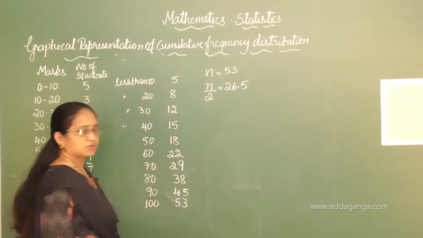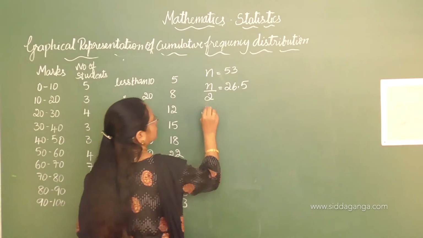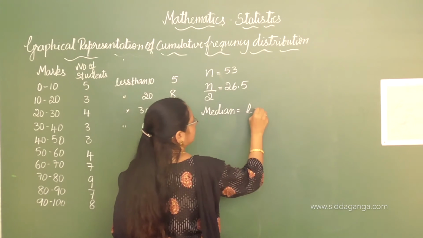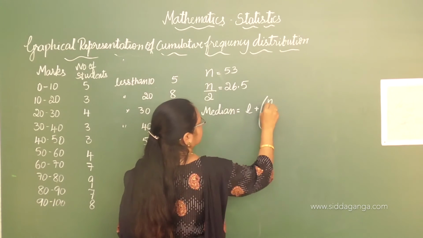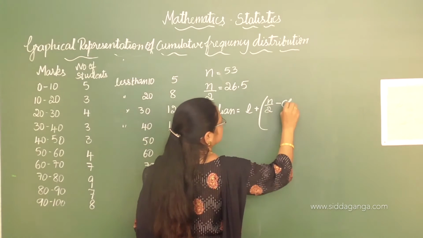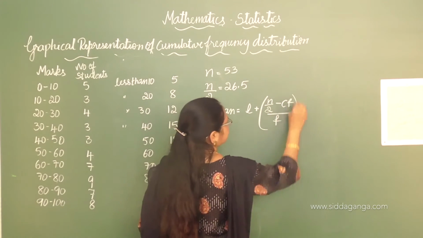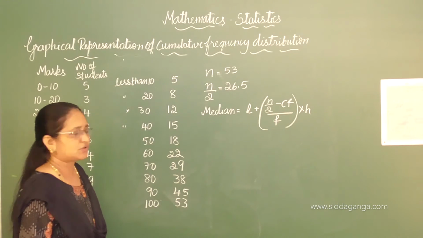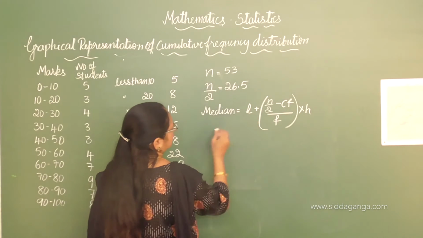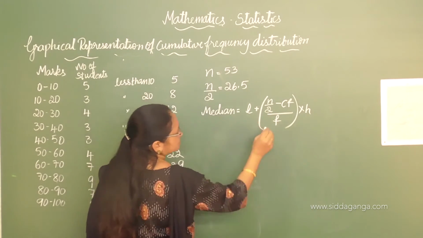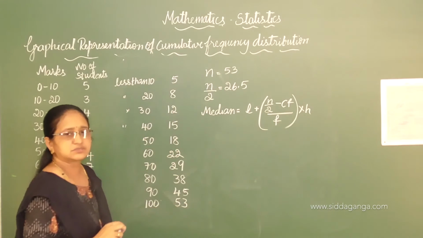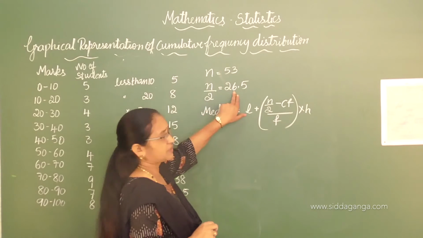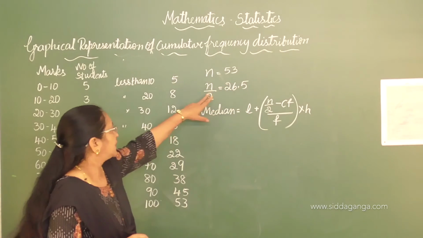26.5. Now you know the formula to find the median: median is equal to L plus n by 2 minus cumulative frequency by frequency into h. I hope you can recall the formula. Before applying all the values, you have to find the median class, which you all know how to find. 26.5 is n by 2.